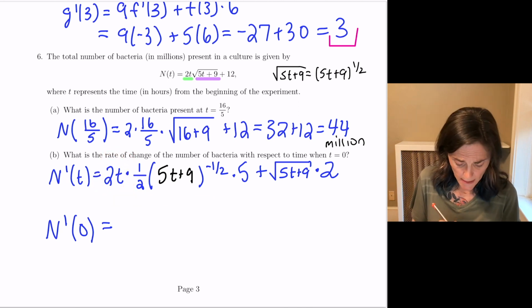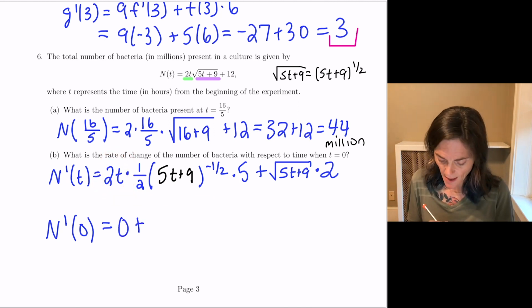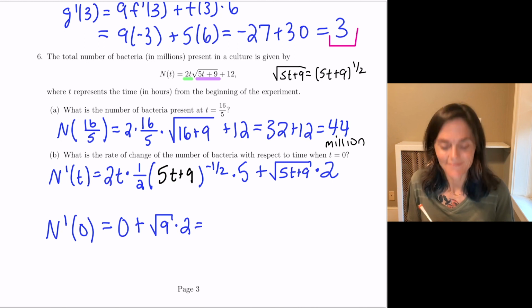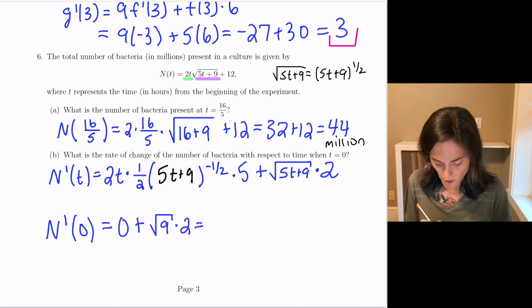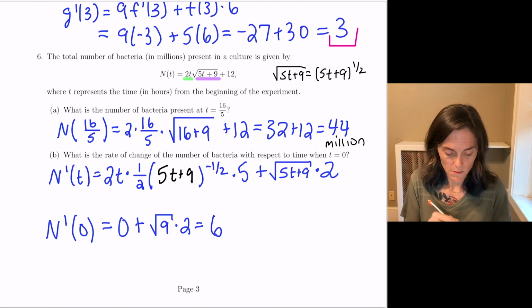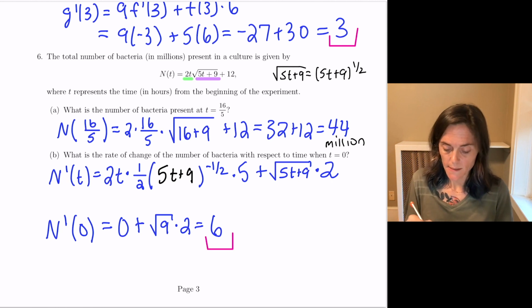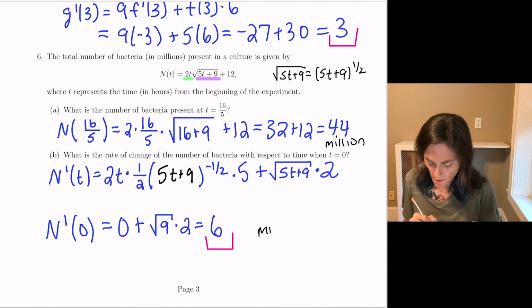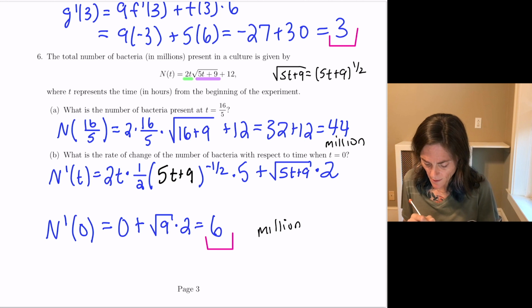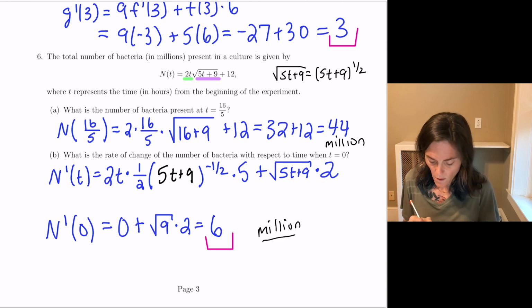So the first term is just 0. Then I have the square root of 9 times 2, which is 3 times 2, or 6. This would be million bacteria per hour.